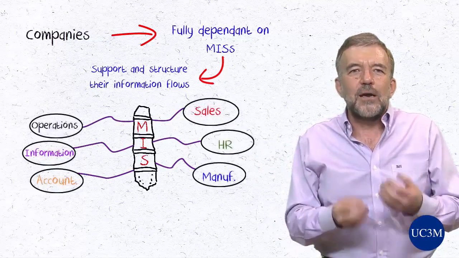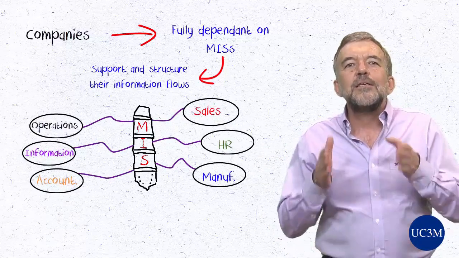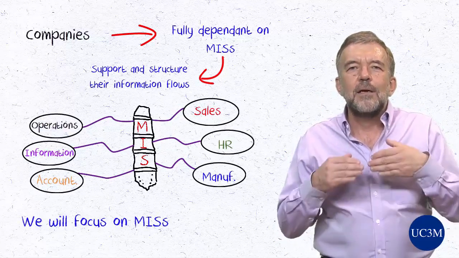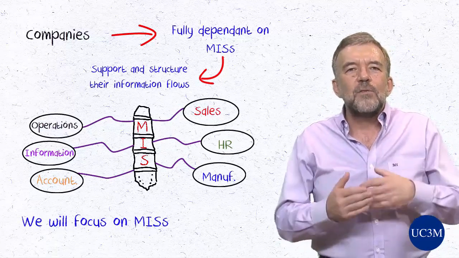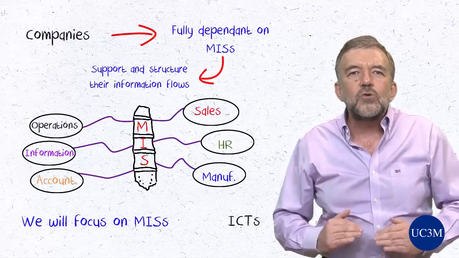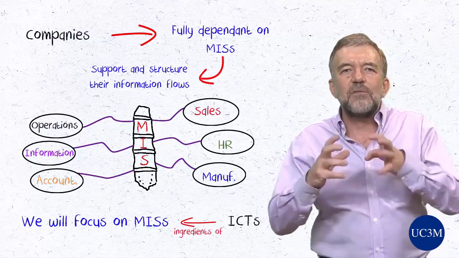In spite of the acknowledged relevance of computer tools, such as the office tools, this course will focus on the management information systems. Thus, it will address information and communication technologies basically from the perspective of their supporting roles, or their role as ingredients of the management information systems.